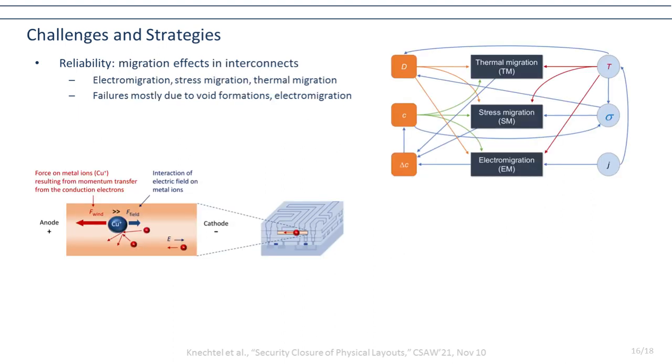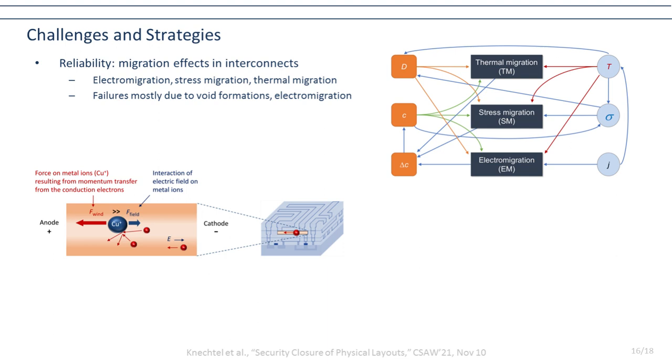Another interesting reliability effect are migration effects in interconnects. And I promise this is the last technical thing we are looking into. So you'll see outlined here on the right that there are basically different effects, and they all have a rather complicated interplay, which requires some physical modeling and physical understanding.